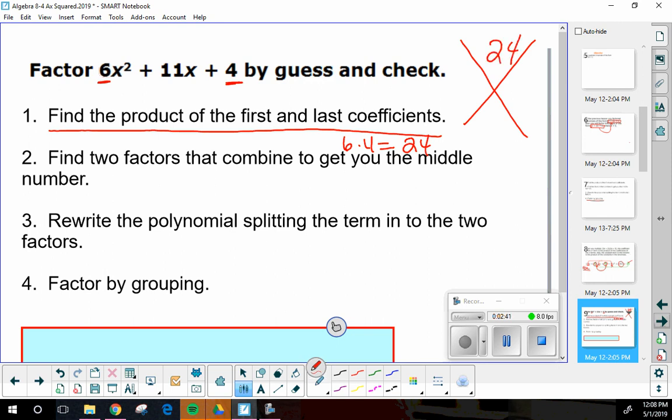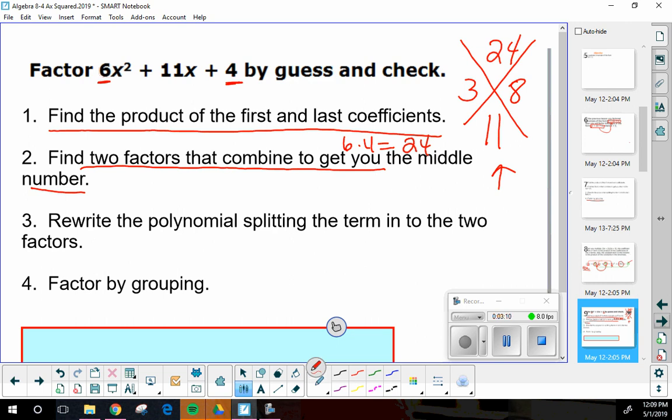Then you put the middle one, this one here, just like you've done previously. Then it says find two factors that combine to get you the middle number. Okay, so I need two numbers that when I multiply them together, they give me 24, and when I add them together, they give me 11. And after so much practice yesterday, I know you know that that is 3 and 8.